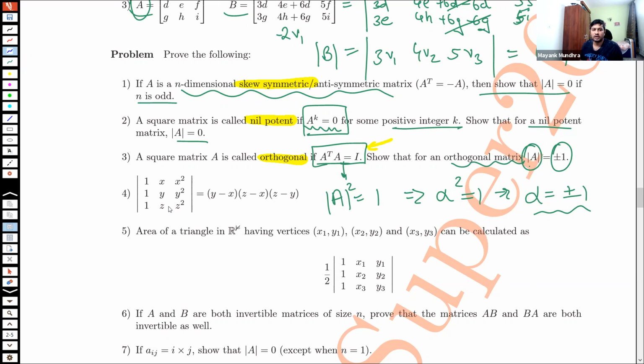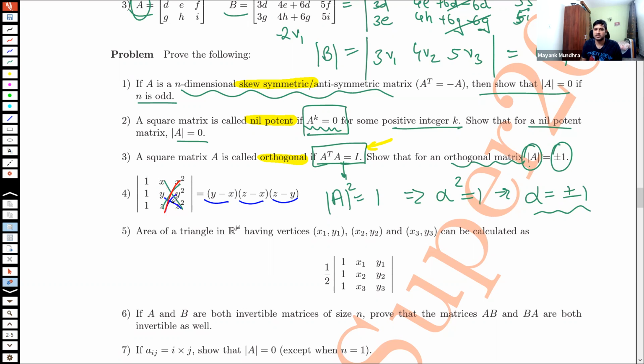Okay. All right. So after this, we have this proof that we have to show that the determinant of this particular thing must be equal to y minus x into z minus x into z minus y. One way is obviously you can use your usual cross multiplication method: 1 times this into this, then minus 1 times this into this minus this, and then plus 1 times this minus this.